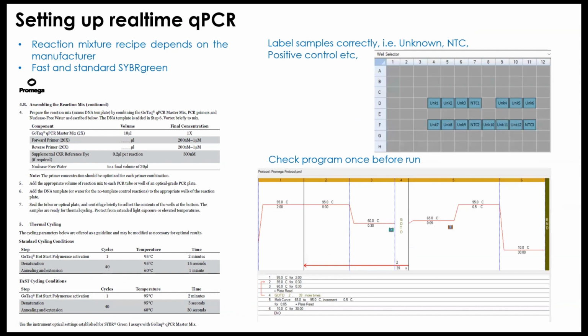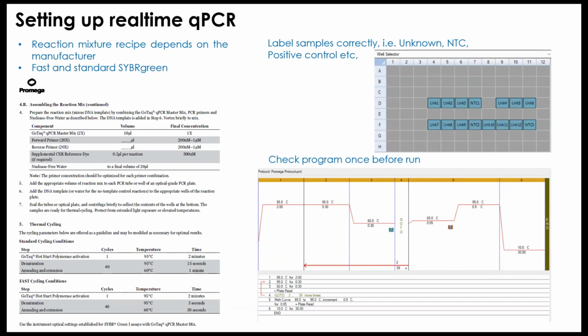Now we have looked at the sample preparation, sample preservation, RNA extraction, DNA treatment, quality, quantity, how we do it, and finally the cDNA conversion. Once the cDNA is converted, you have to set up the qPCR.